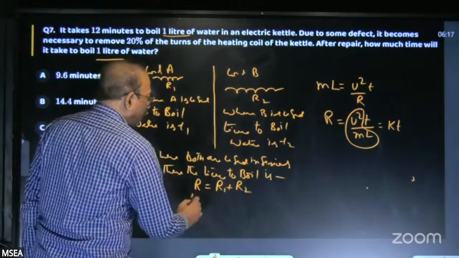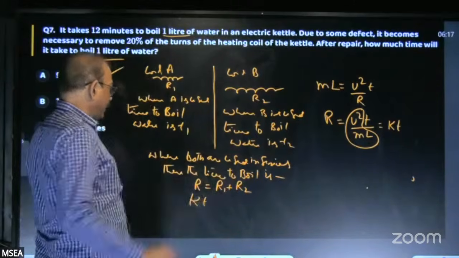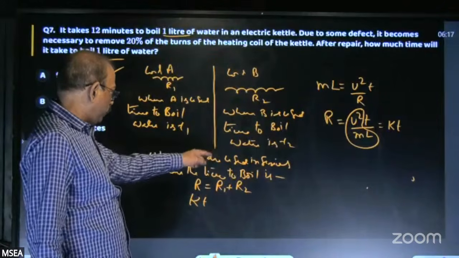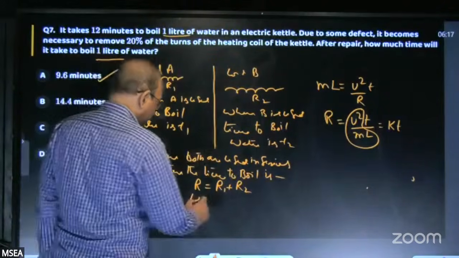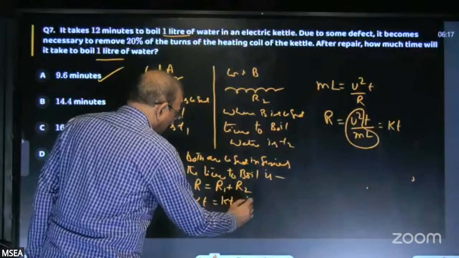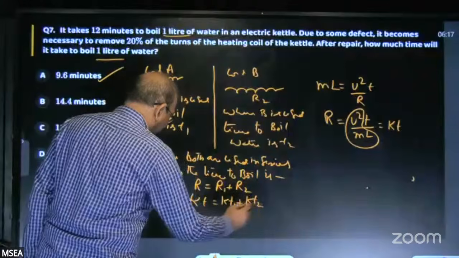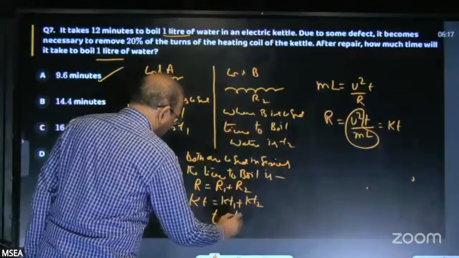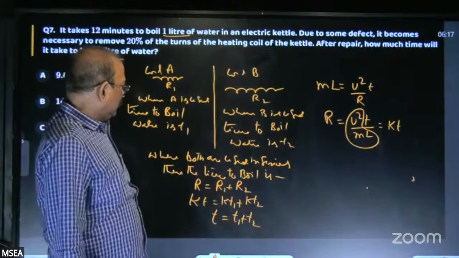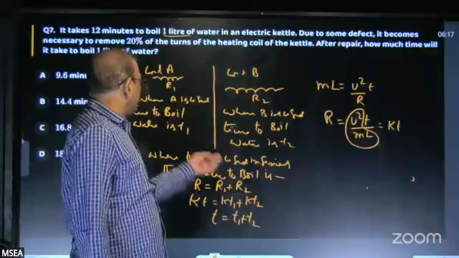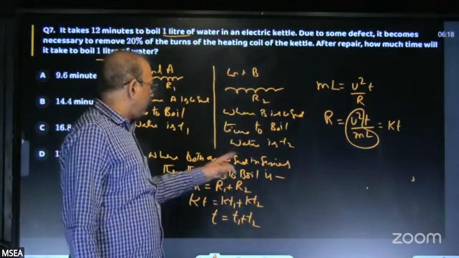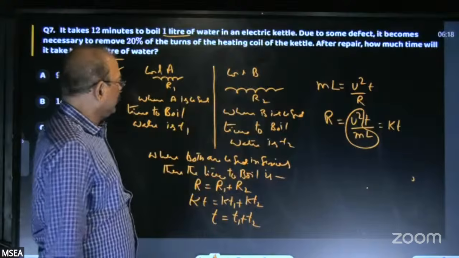Now, in place of R, I'm writing KT, where T is the time taken to boil water when both are used in series. R1 is KT1, R2 is KT2. K will cancel. T equal to T1 plus T2 you'll get. This is the time taken to boil the same amount of water when both the coils are used in series.